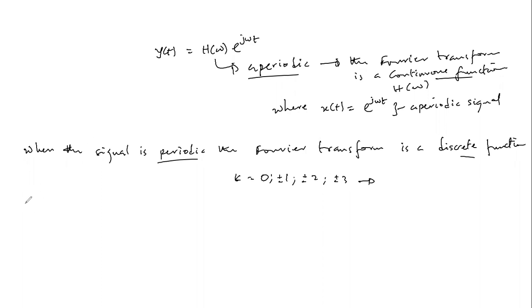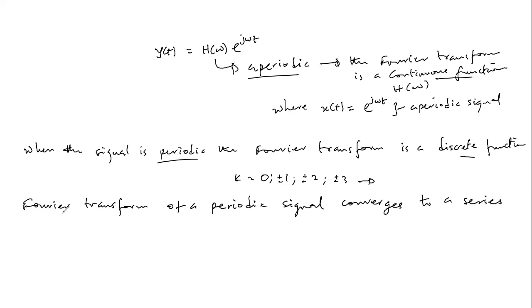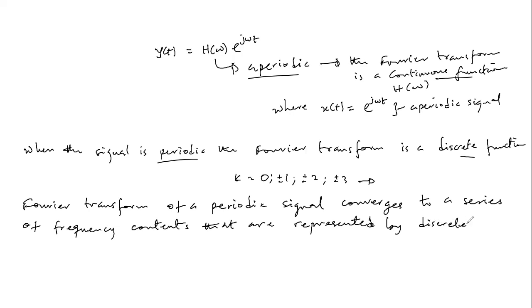So hence, the Fourier transform of a periodic signal converges to a series of frequency contents that are represented by a discrete set of numbers k.